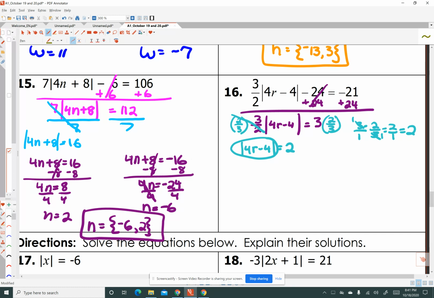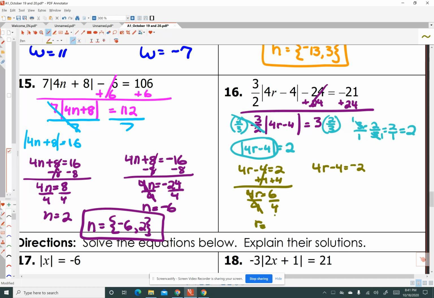So now we can go ahead and set it equal to positive and negative 2. Let's add 4 to both sides. And we'll divide both sides by 4. And our answer will be a fraction.